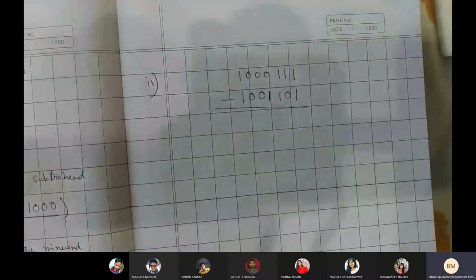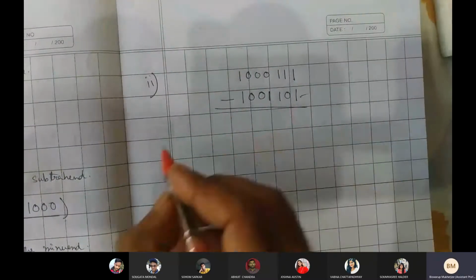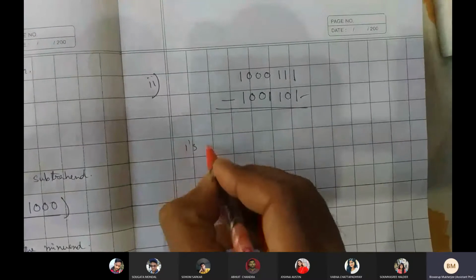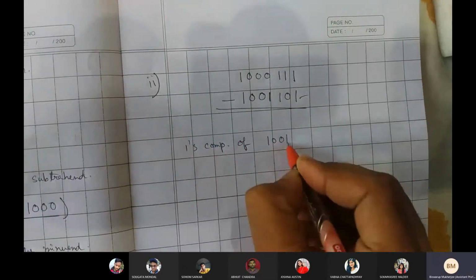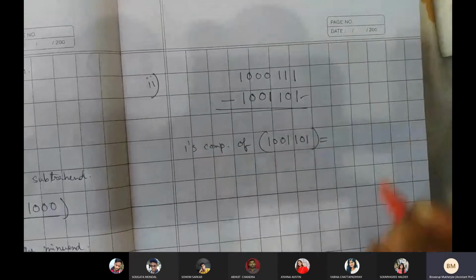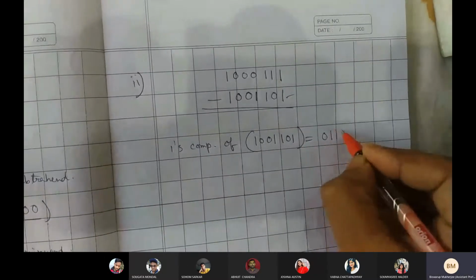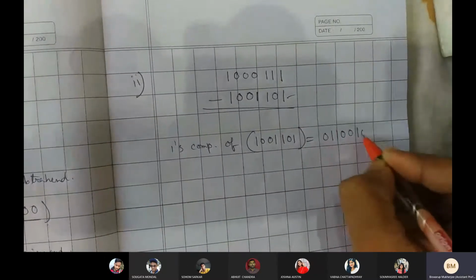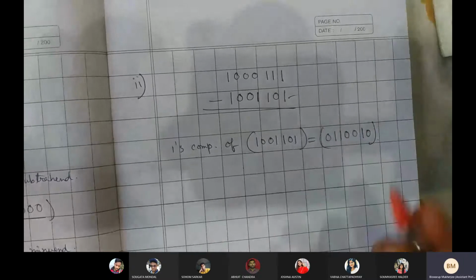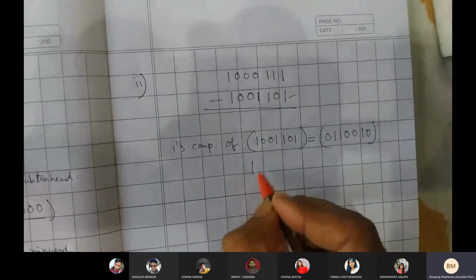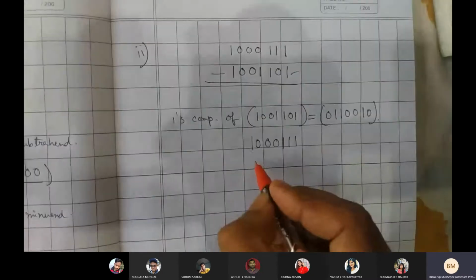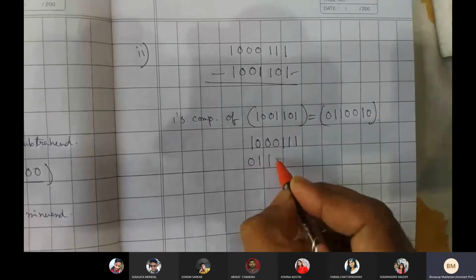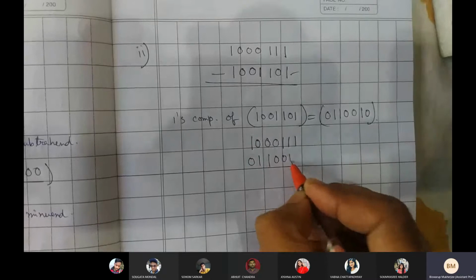I am not writing that one. So find out the ones complement. So ones complement of 1001101 is equal to just the opposite, 0110010. So that is the ones complement. Add this one with this. So that is 1000111 along with 0110010.